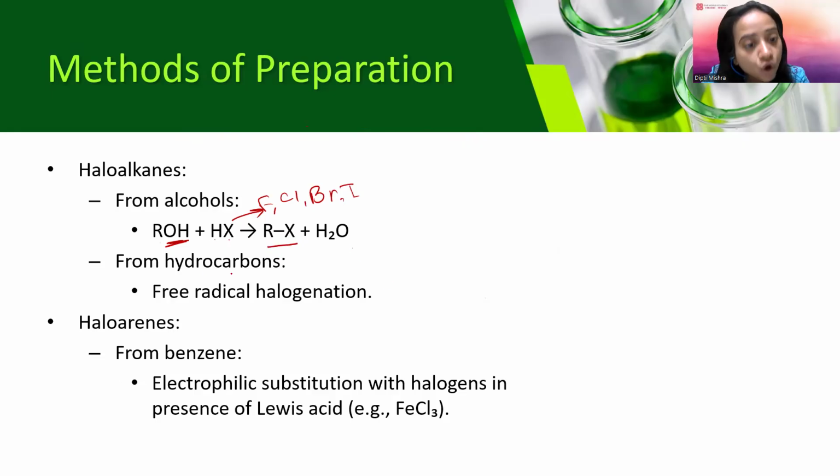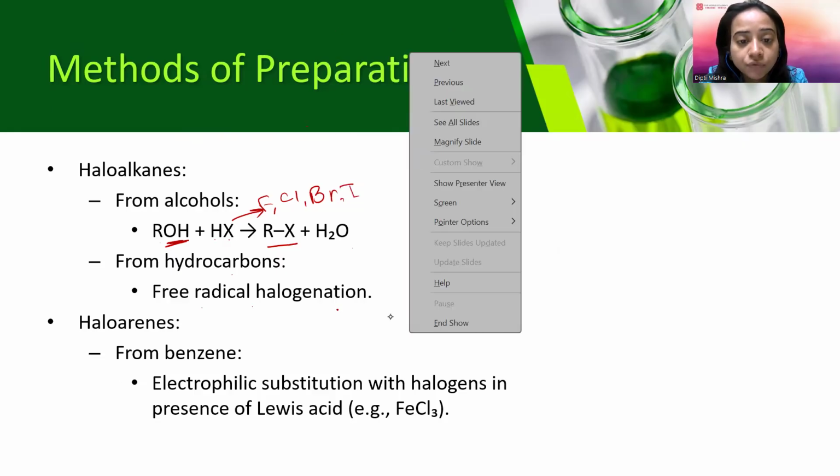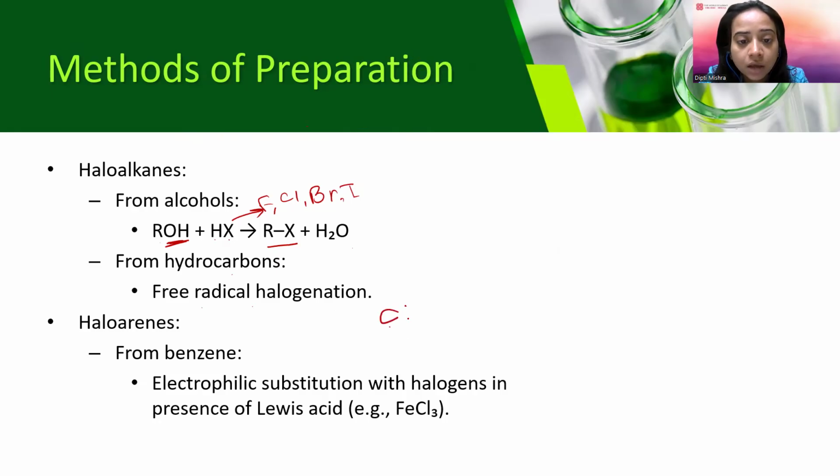Now from hydrocarbons, it will go through free radical halogenation. I hope you know what a free radical is. If, for example, we have chlorine, chlorine will break this bond, so of the two electrons, one electron will go on each side. Then this is known as a free radical.